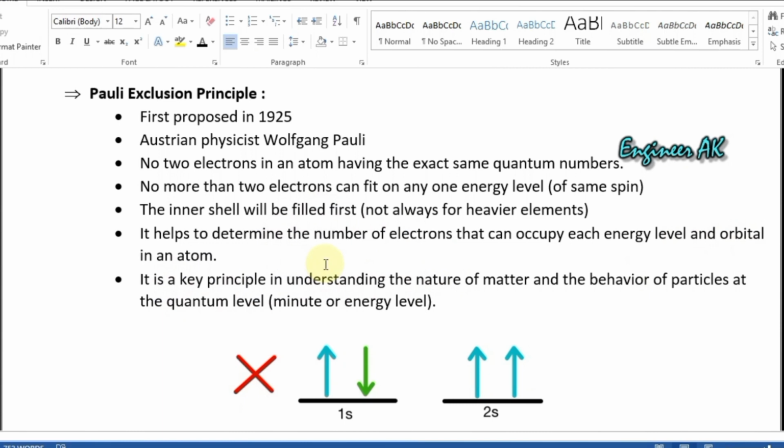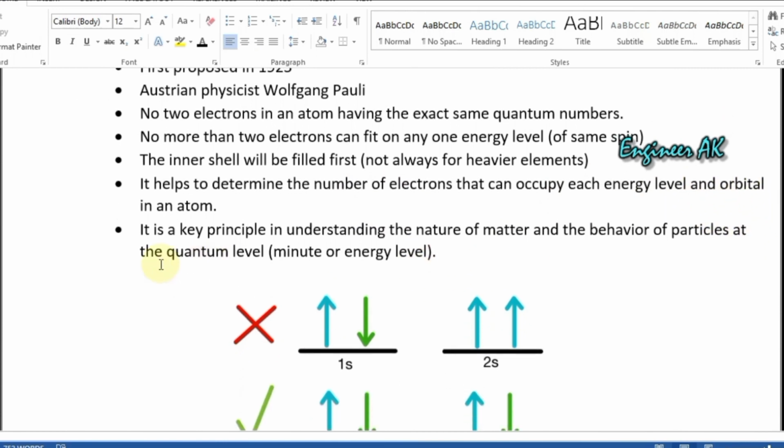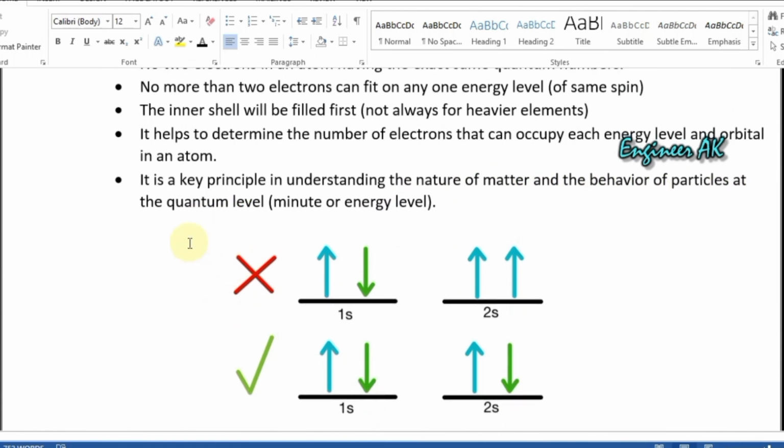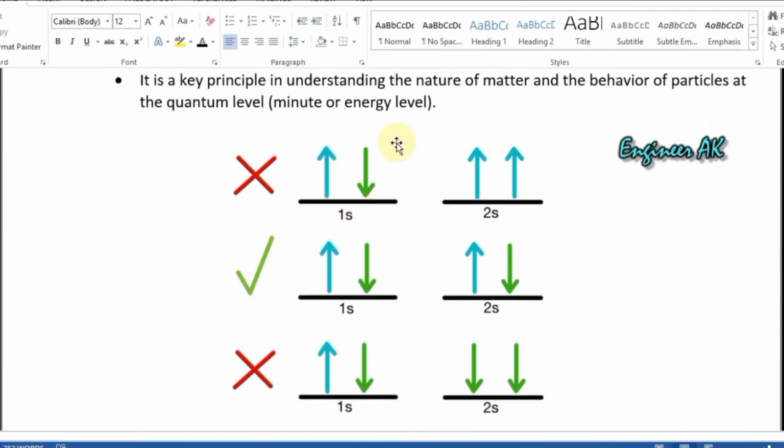It also gives the concepts of the nature of matter and the behavior of particles at a quantum level, meaning we can study the behavior of particles at a very low energy level. So let's see this diagram.